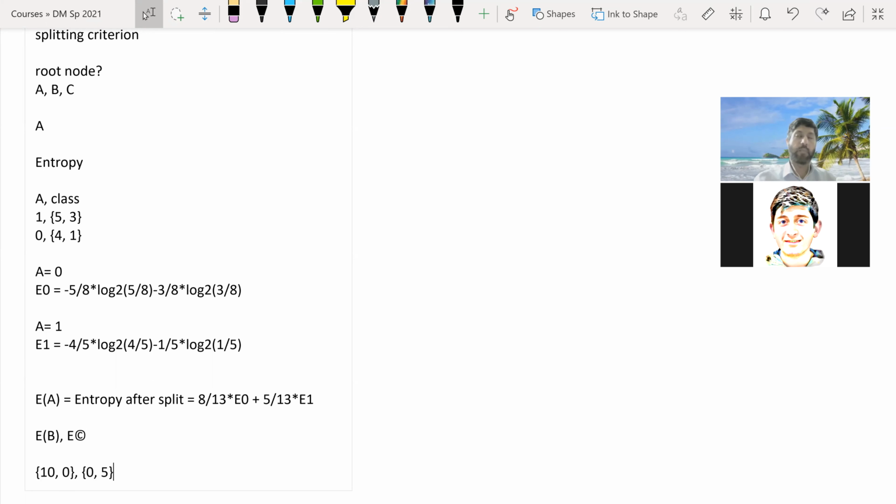So you have a perfect match, homogeneity, in each of those. The better the homogeneity, the lower the entropy. Once we have multiple options, we choose the one with the lower entropy to split on.